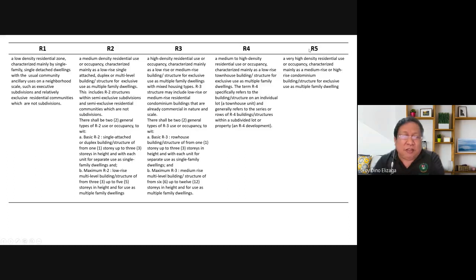R5 are already your high-rise condominiums.